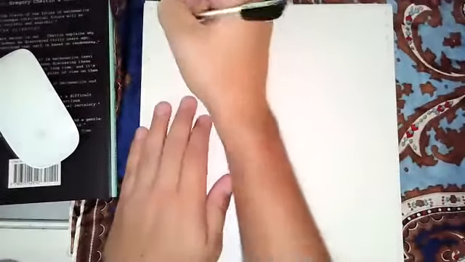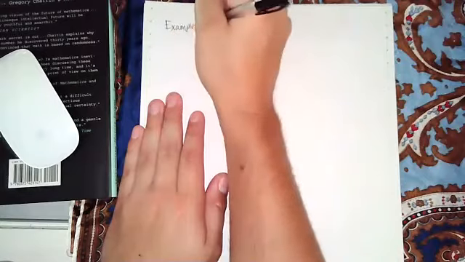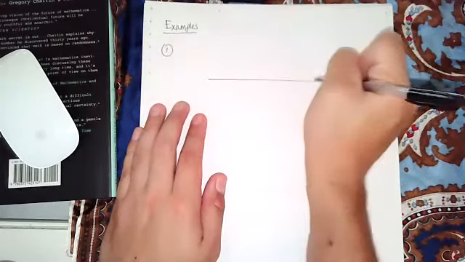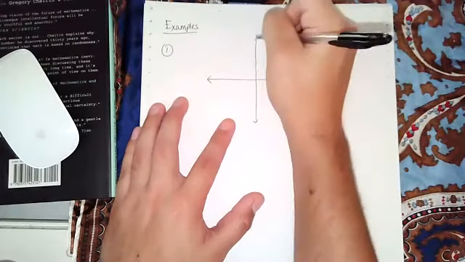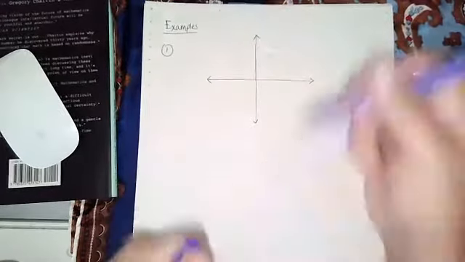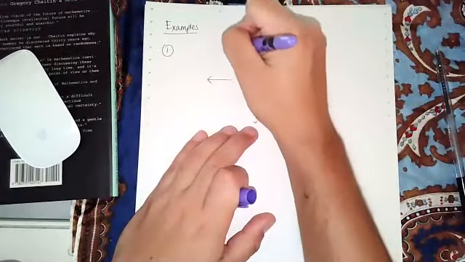Let's look at examples. So 1, we might want to look at our favorite of all the quadratic functions, which is just, well, really any quadratic function, but the mother of quadratics will work. We were just looking at this one.